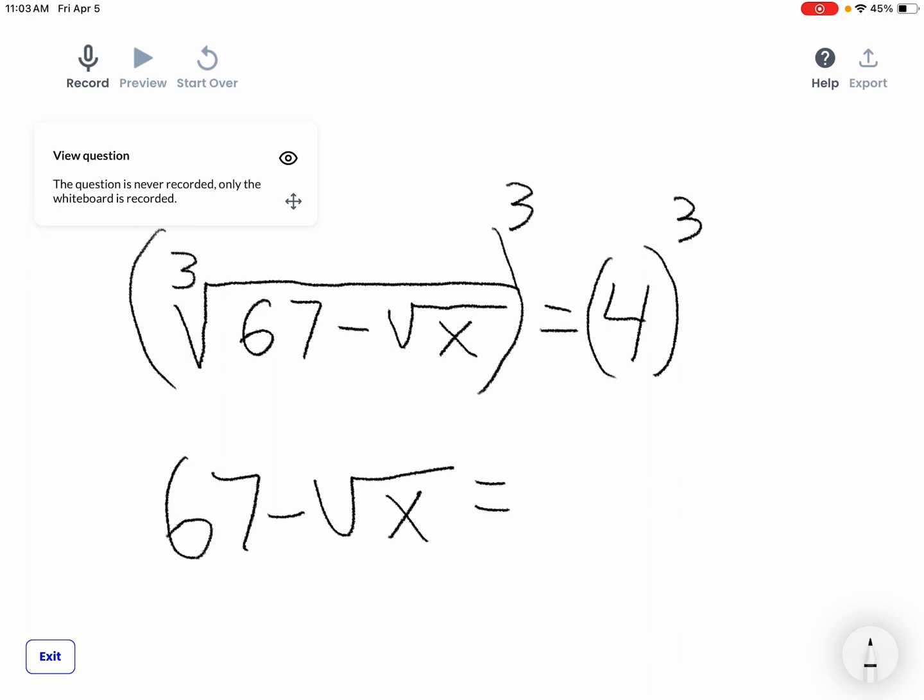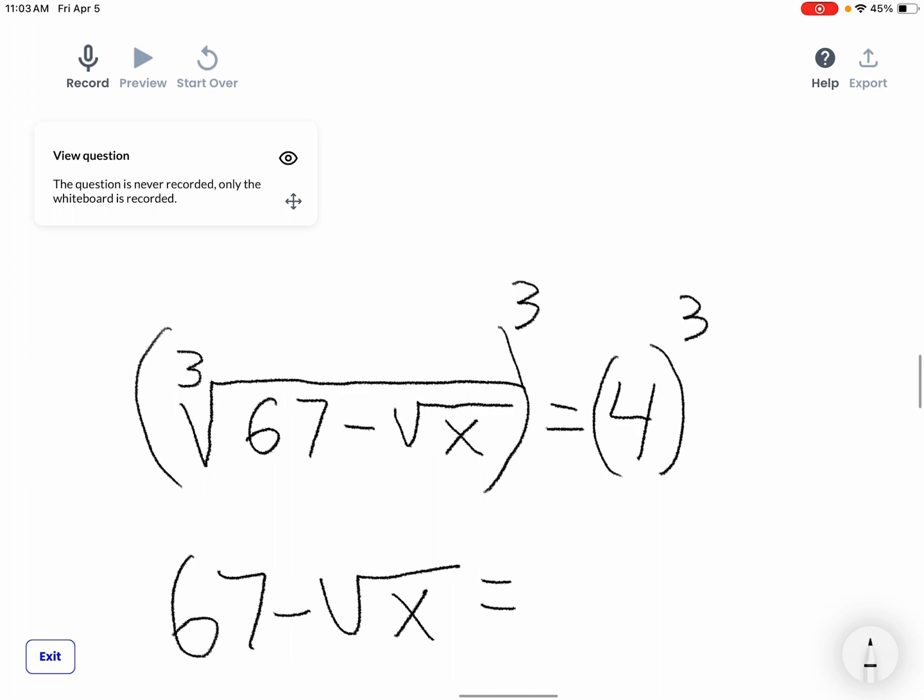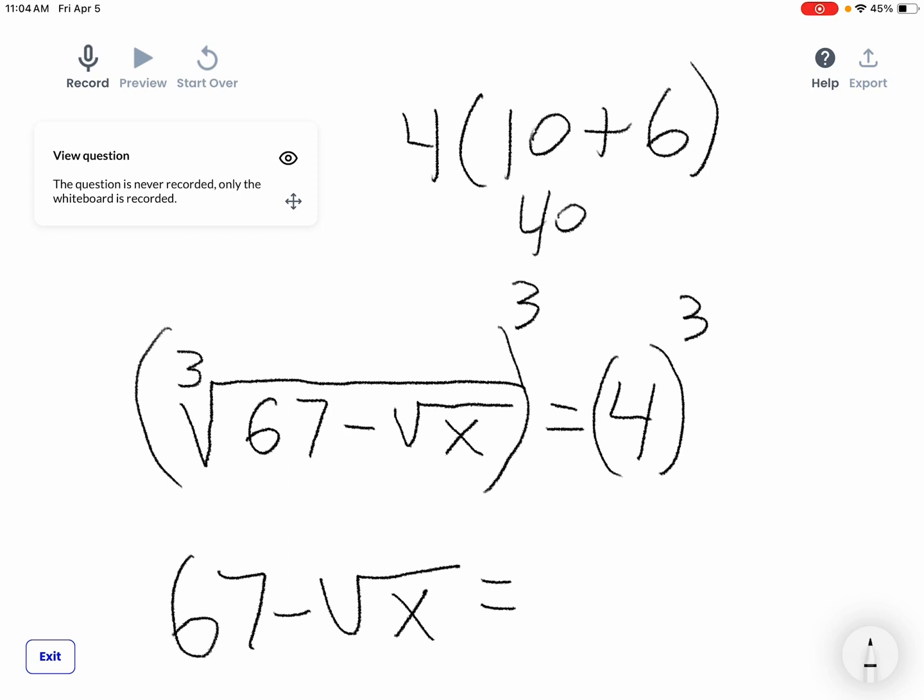So 4 times 4 is 16, and 16 times 4, you could think of as 4 times 16, and 16 is just 10 plus 6, so you distribute: 4 times 10, which is 40, and 4 times 6, which is 24, so you get 40 plus 24 is 64.